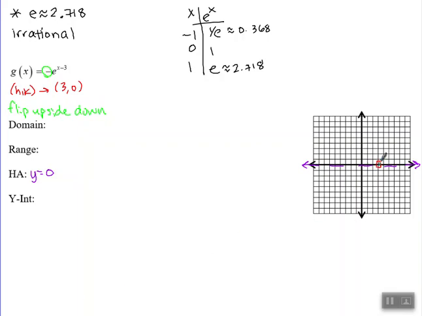So instead of our graph being negative 1, 1 over e, 0, 1, and 1, e, it's going to flip upside down and be approximately this curve.